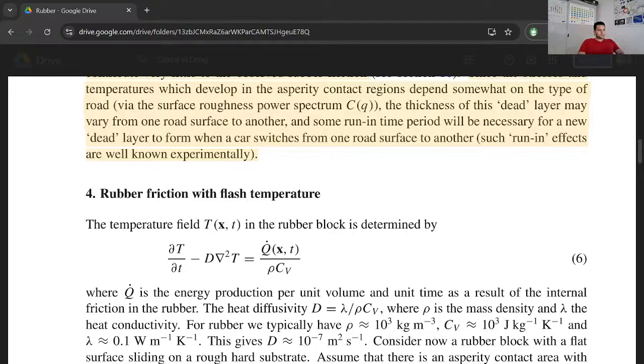This occurs with a frequency defined omega 0, which has the same magnitude order as V divided by D.